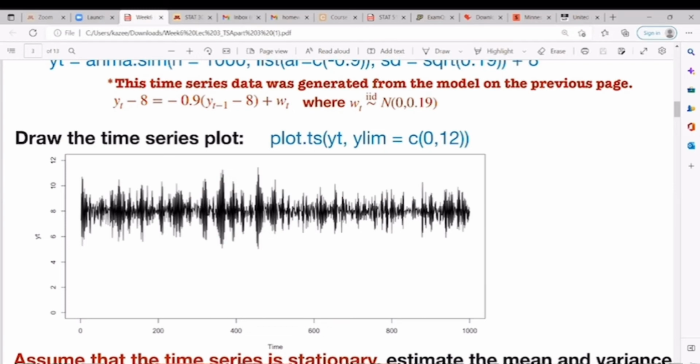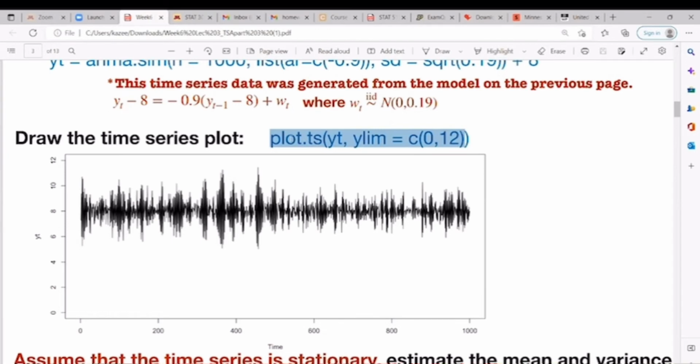I told you yesterday the time series graph enables us to detect the trend, the seasonality, and structural breaks. I talked about that in my last lecture. Now, if I have a set of data, how do I generate a time plot? This is the code, take a look at that.